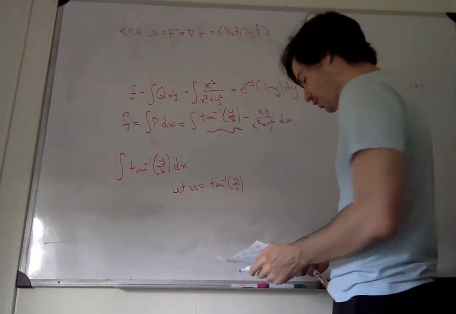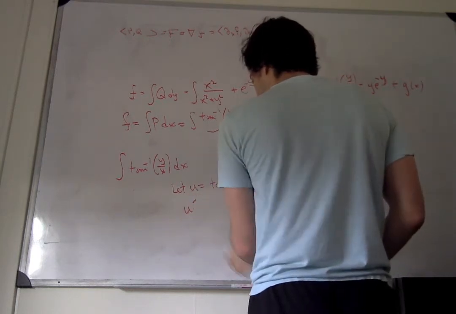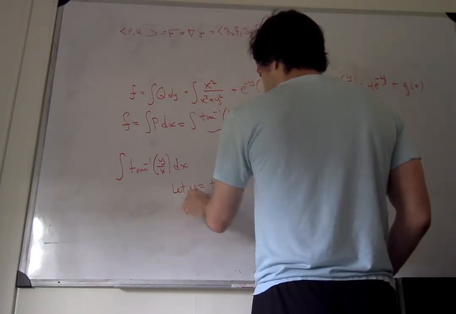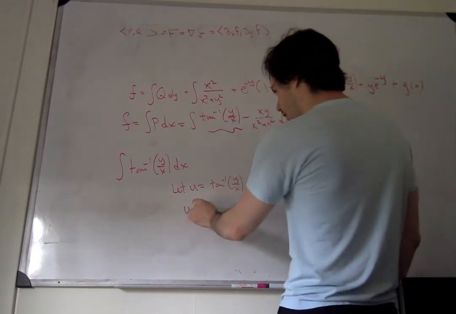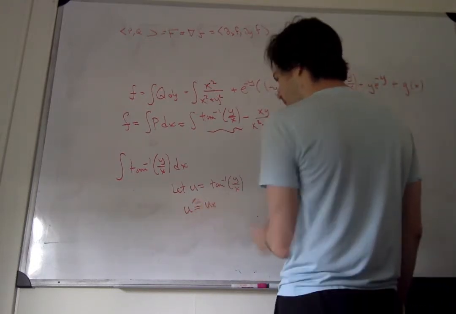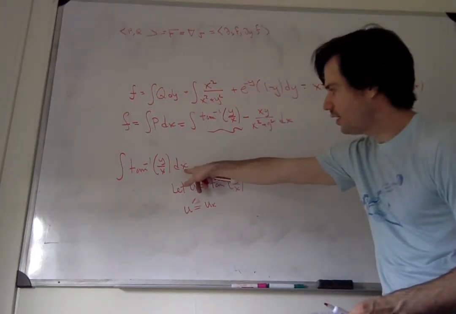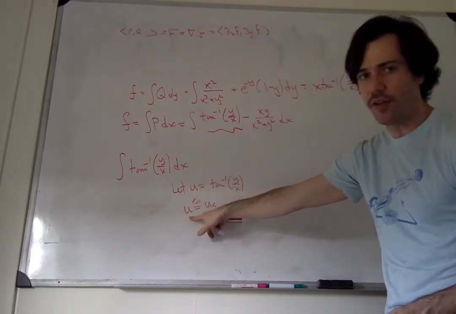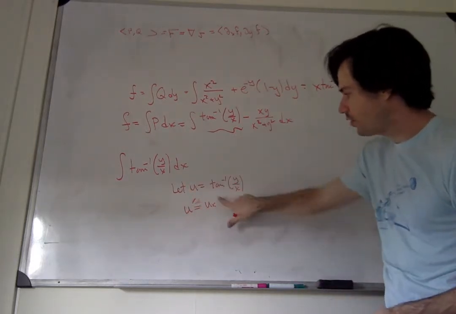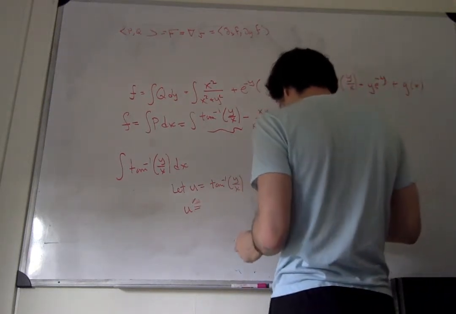Very, very weird substitution. So u prime, what prime is that with respect to? It's actually u with respect to x, right? Because remember, the differential is with respect to x, so that derivative needs to be with respect to x. I'll just go ahead and erase that. Well, what is that?